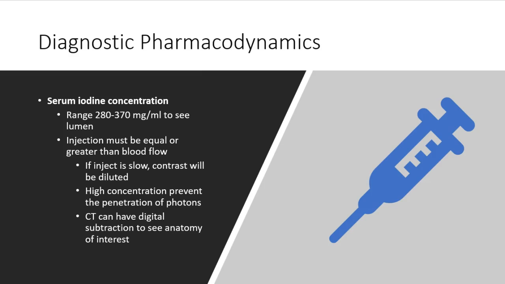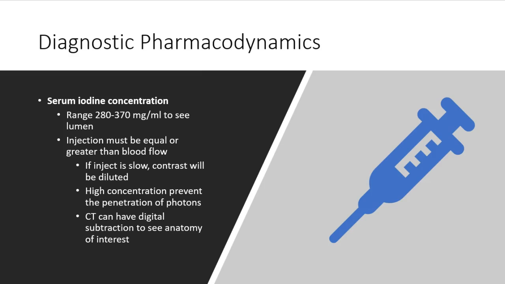All right, so when we talk about our diagnostic pharmacodynamics, we look at the serum iodine concentration. Now the range needs to be between 280 and 370 mLs to see the contrast within the lumen. So the injection must be equal to or greater than the blood flow. If the injection is too slow, the contrast will be diluted, and high concentrations prevent the penetration of photons.